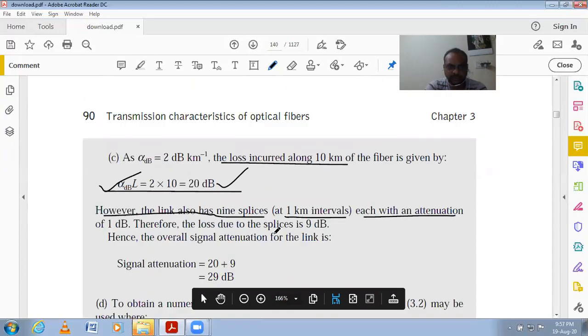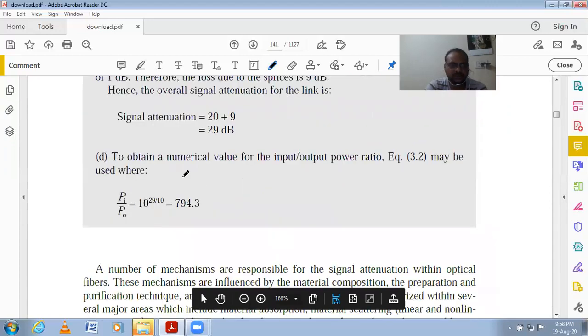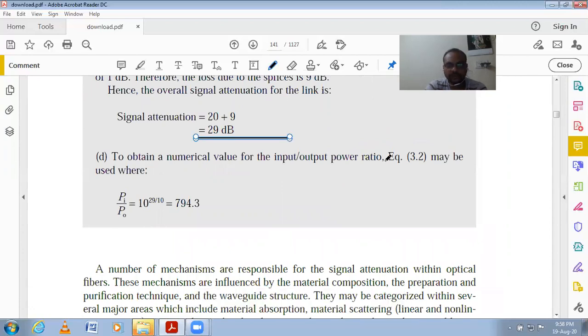So the total attenuation loss is 20 plus 9, that is 29 dB. To obtain a numerical value for the input and output power ratio, we can use 10 to the power of this.